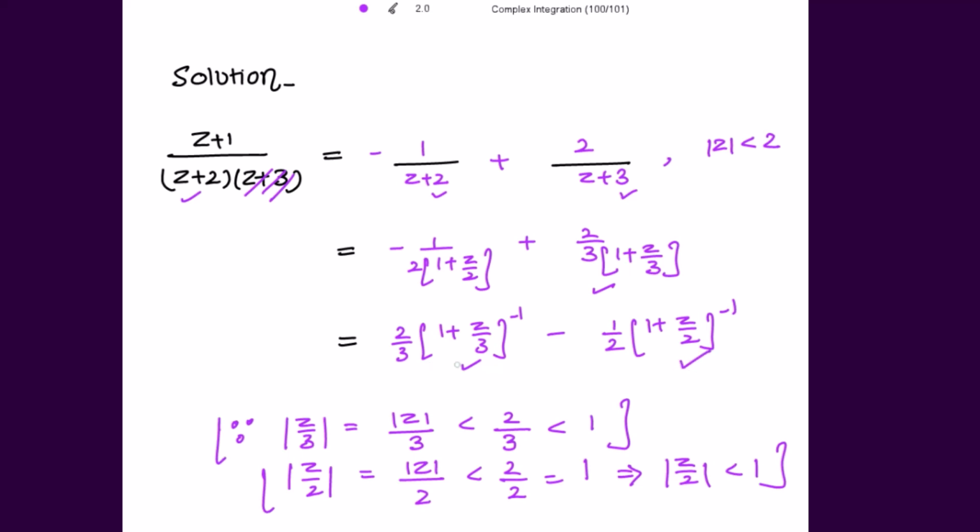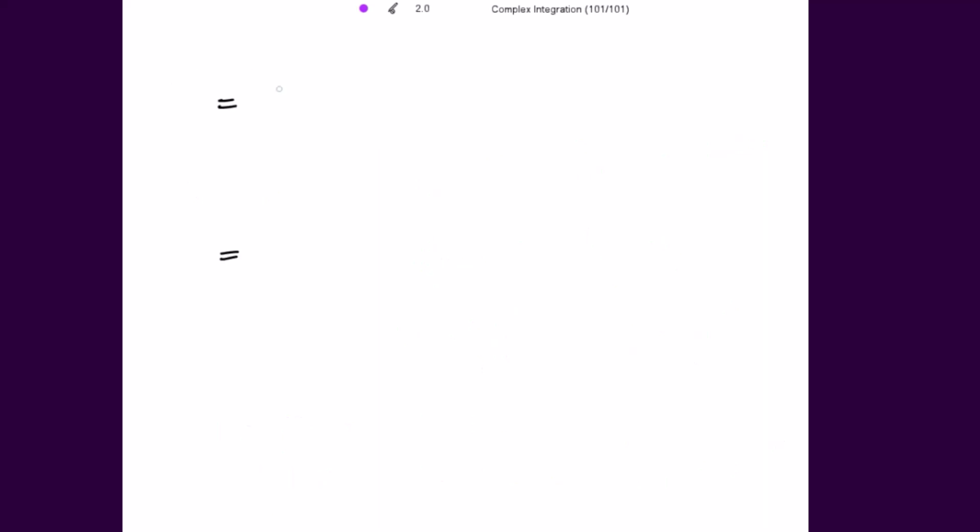So for the first expansion, this is 2 over 3 into (1 minus z over 3 plus z over 3 square minus z over 3 cube plus so on), right?